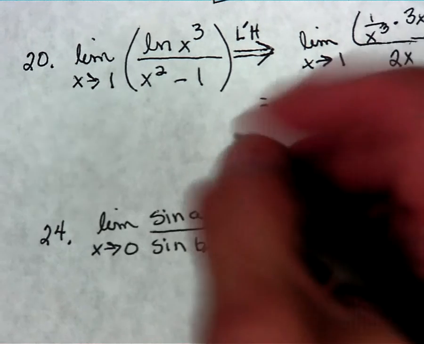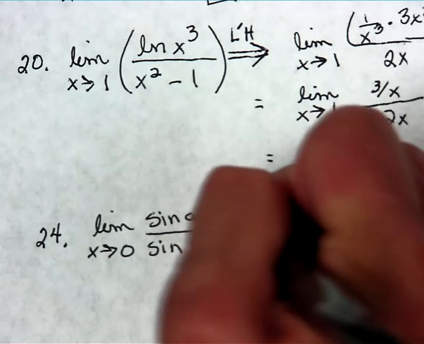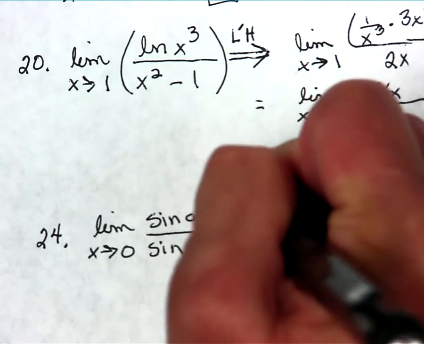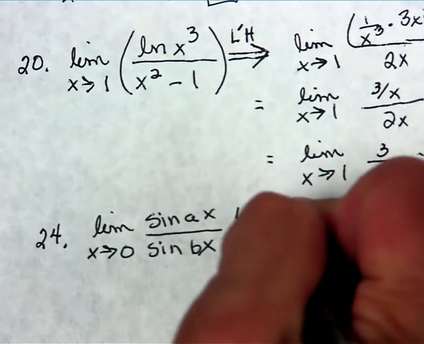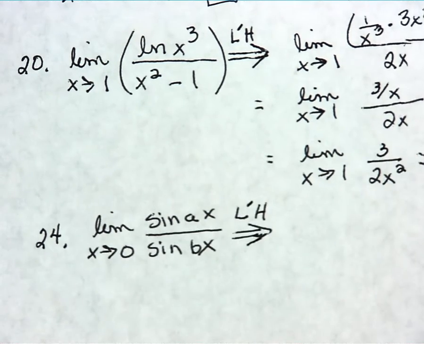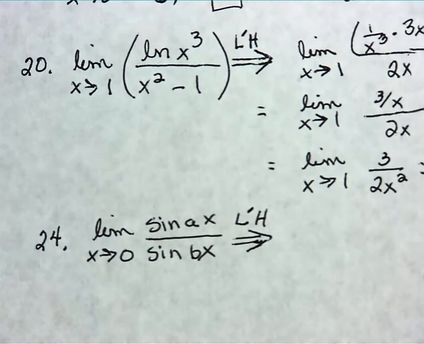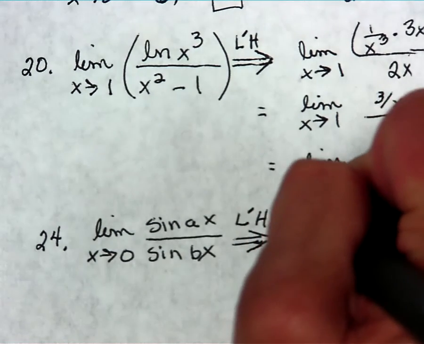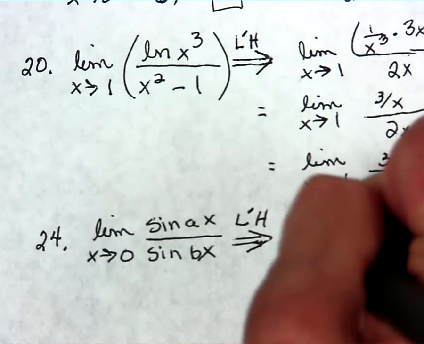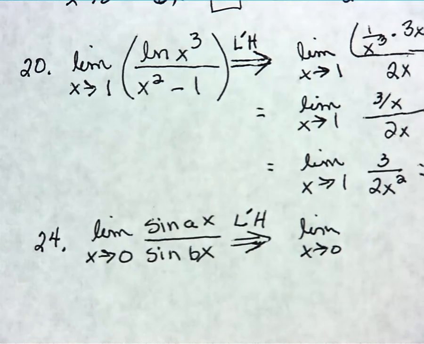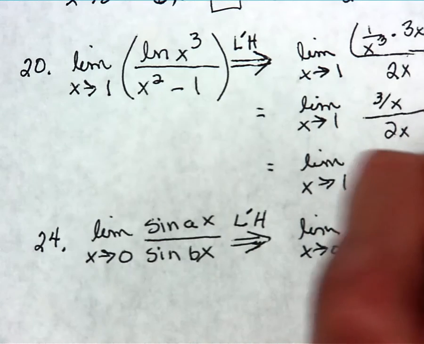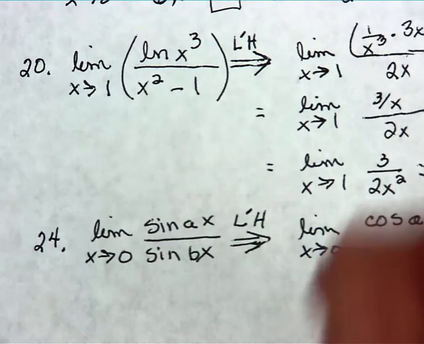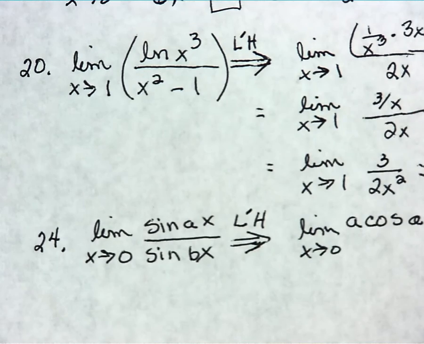So let's just go ahead and take the derivative of the numerator and denominator. And then while I'm looking at it, I can verify the other condition that the denominator is no longer 0. Derivative of sine AX: derivative of sine ugly is cosine ugly times the derivative of the ugly.